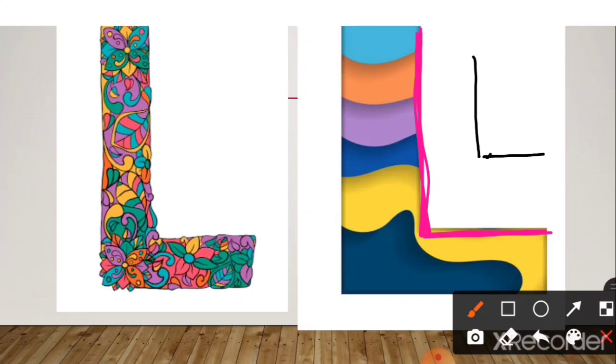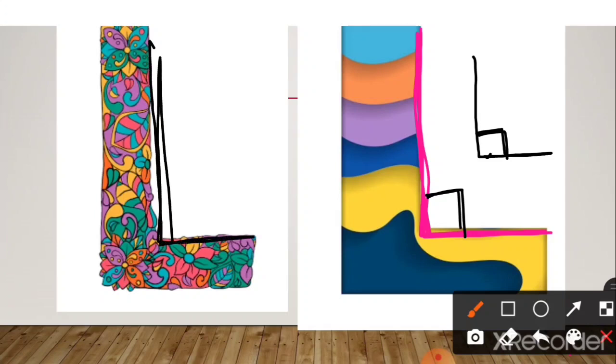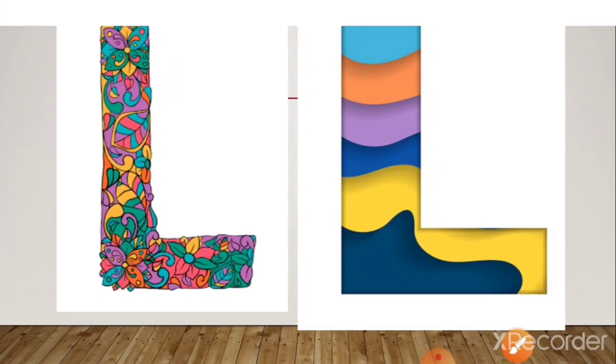Straight line means it should be perpendicular one. So the lines forming the letter L are obviously the model of perpendicular lines, because the angle formed between these two lines is a 90-degree angle. So yes, these are perpendicular lines, right?